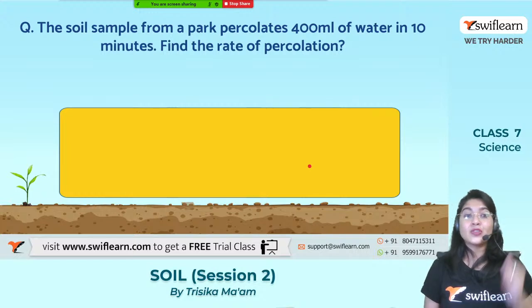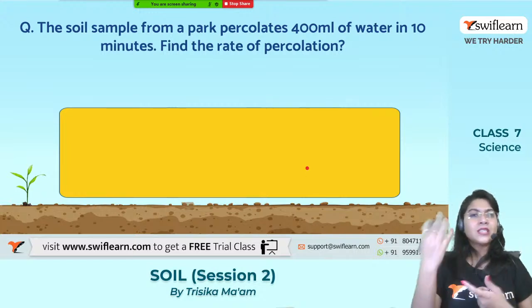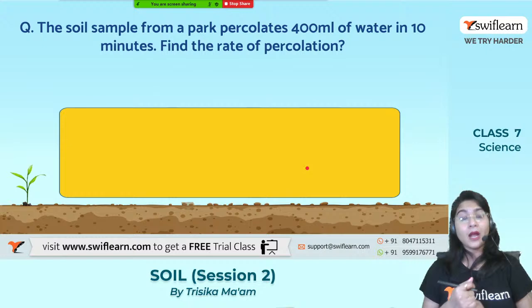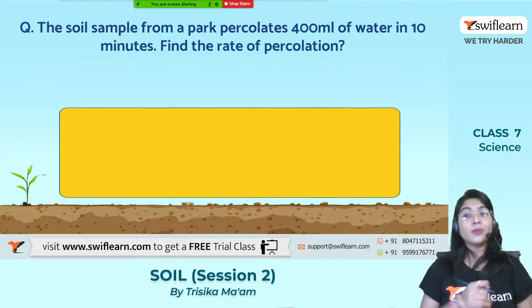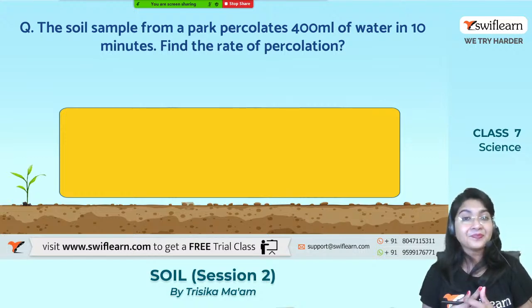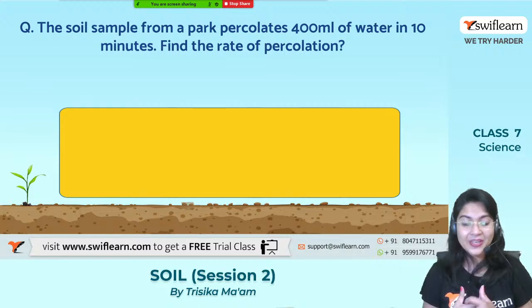Clear? So, can you tell me this answer? The soil sample from a park percolates 400 milliliters of water in 10 minutes. What will be the rate of percolation over here? Let me see who can give me the correct answer first.